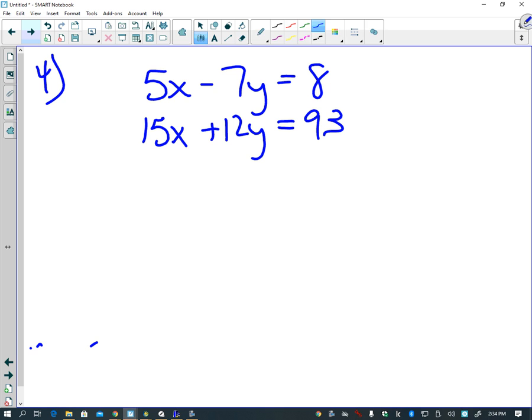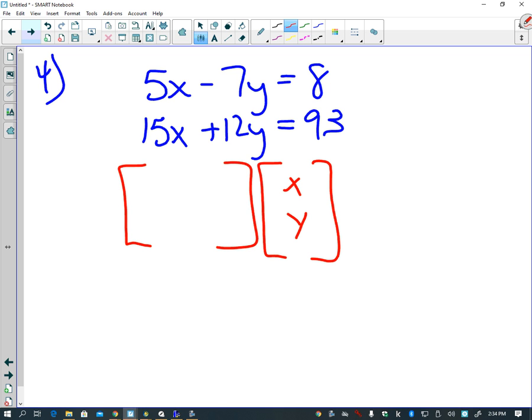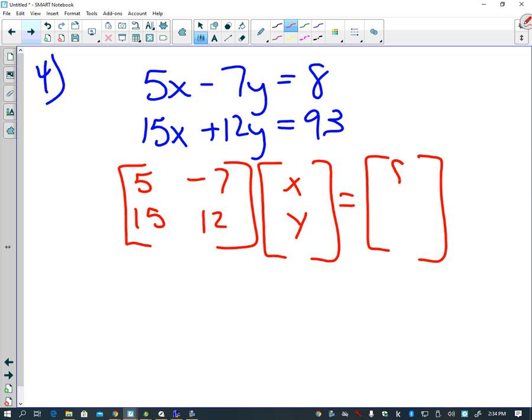Now, they want something fairly specific. They are looking for the 2 by 2 matrix times the unknown x and y equal to the known solution matrix. So you would get 5, negative 7, 15, 12, 8, and 93.